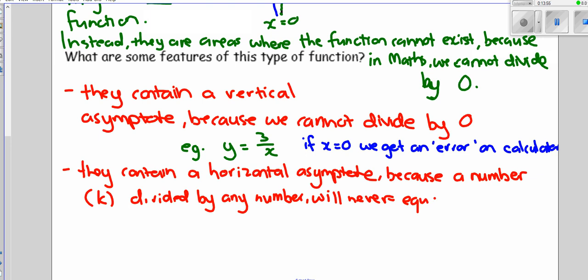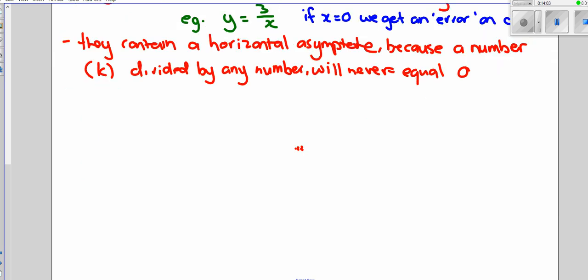For example, let's do the same function. So the same function as above, y equals 3 over x. So if x equals, for example, 2, then y equals 3 over 2.